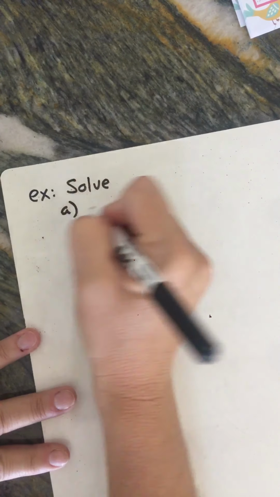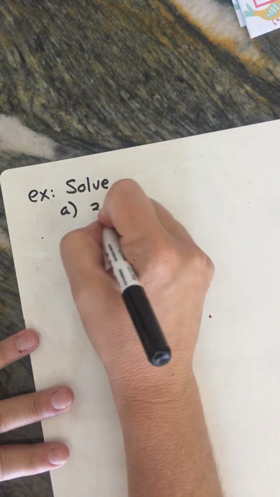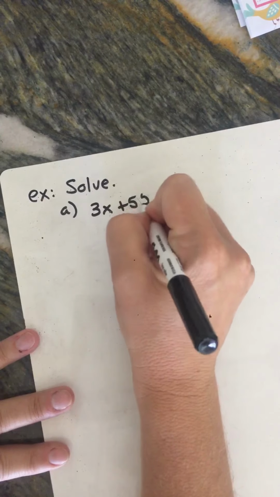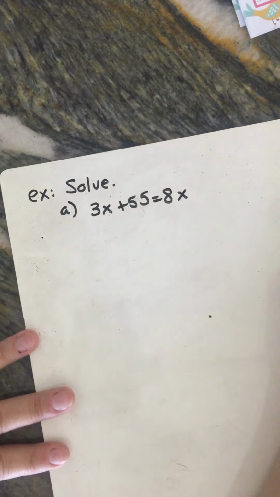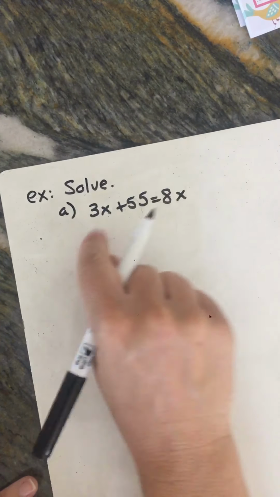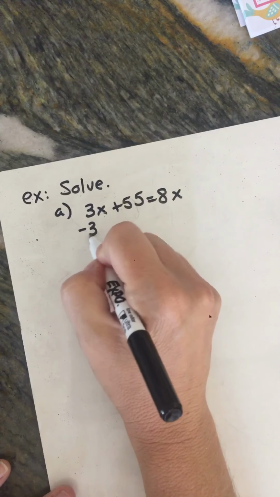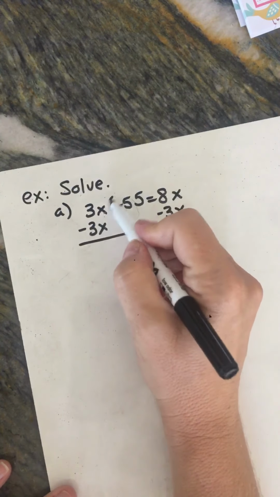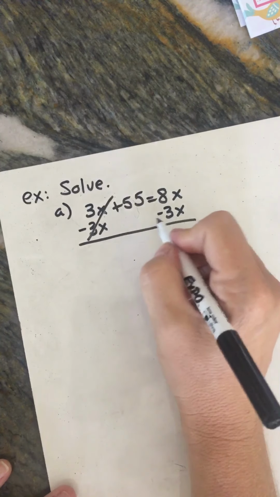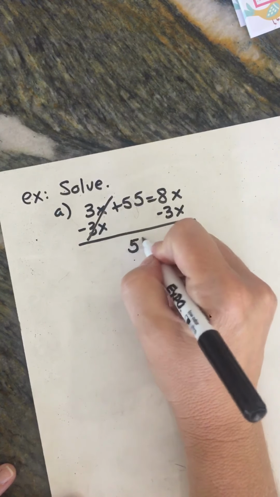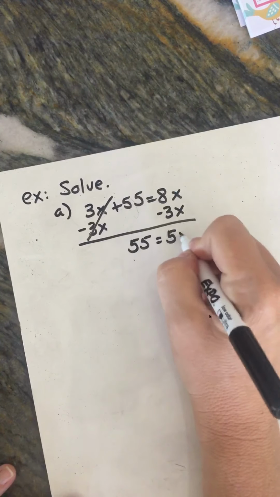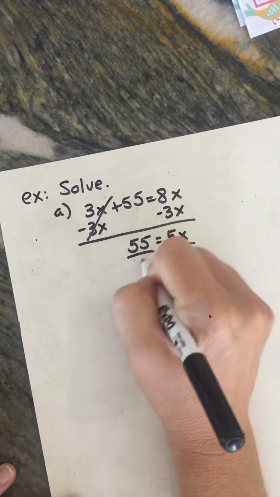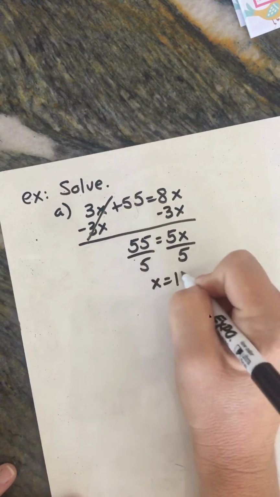I'll do a few of them. 3x plus 55 equals 8x. So when your variables are on both sides of the equal sign, then you've got to subtract it over. We're not combining like terms in this case. We are doing the inverse operation with the variable term. So 55 equals 5x. And dividing by 5, x equals 11.